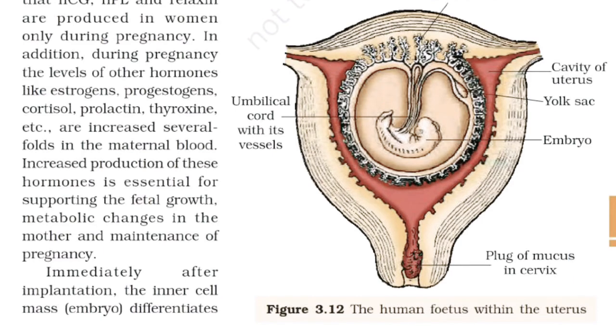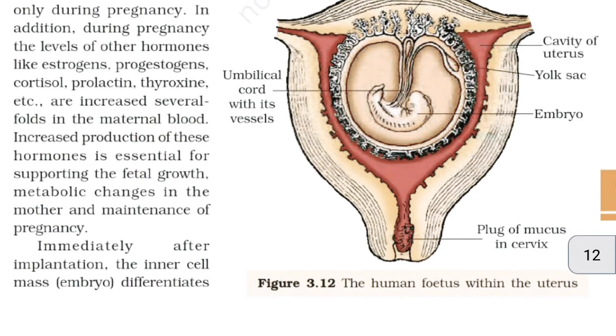progestogens, cortisol, prolactin, thyroxine, etc. are increased several folds in the maternal blood. Increased production of these hormones is essential for supporting the fetal growth, metabolic changes in the mother, and maintenance of the pregnancy.